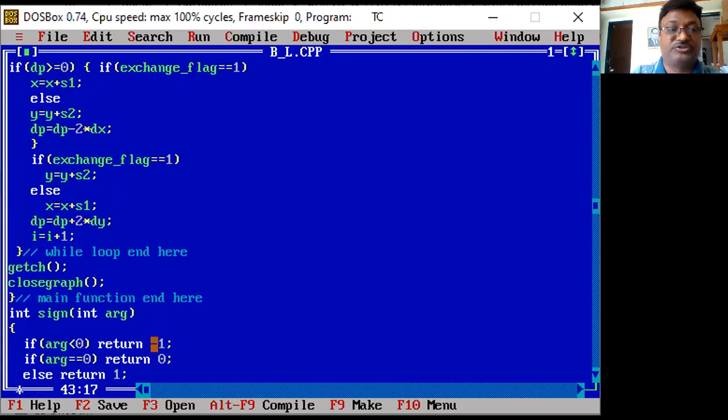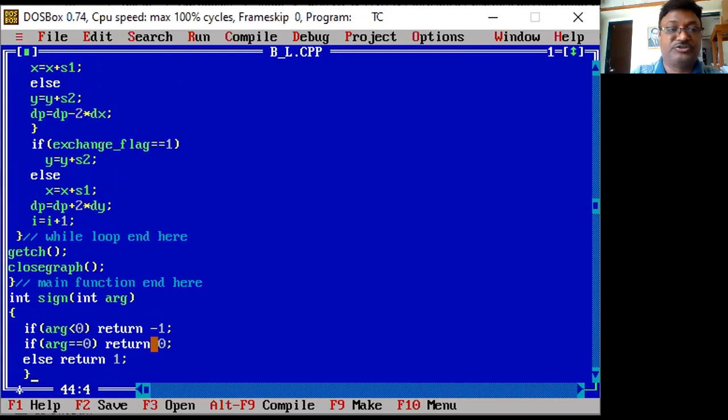So this is my function. Everybody understood this function? The sign function returns the sign of an argument. The sign function can return -1.